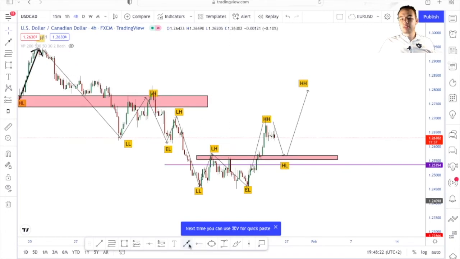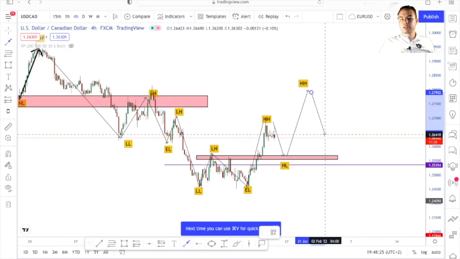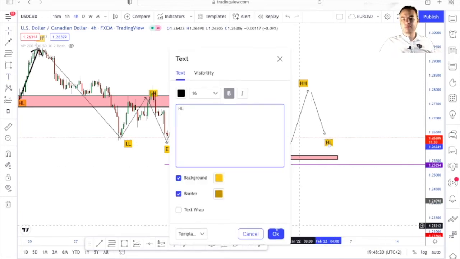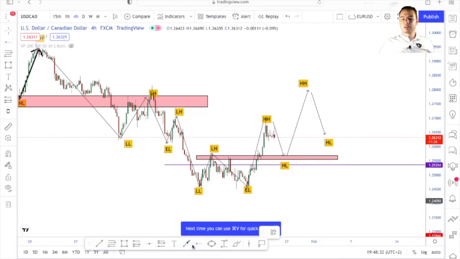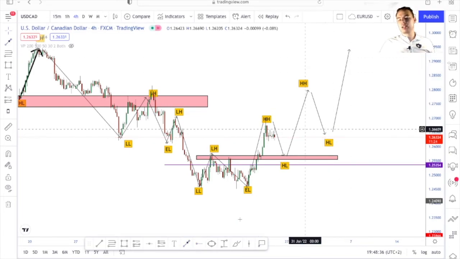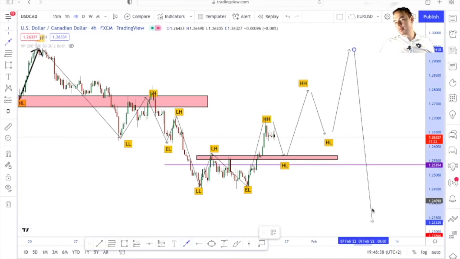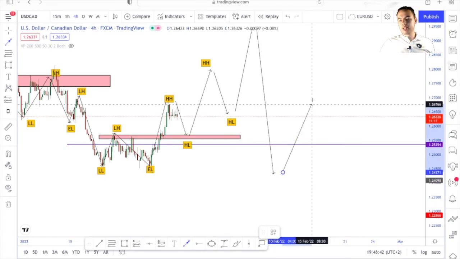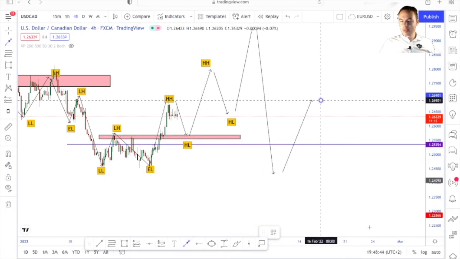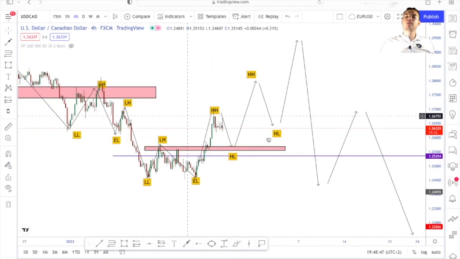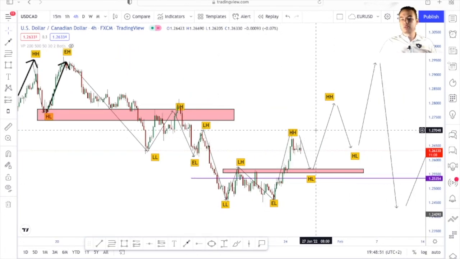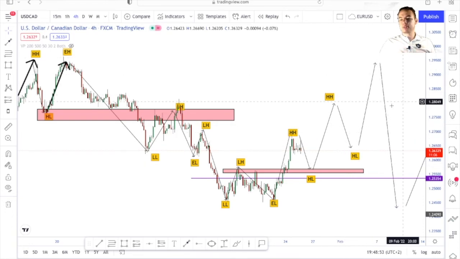Then it's going to come down, form a higher low, then come up, form a higher high. And then who knows, maybe it comes down, forms a lower low, then a lower high, then a lower low. And that is how the market works, between a reversal and a retracement.